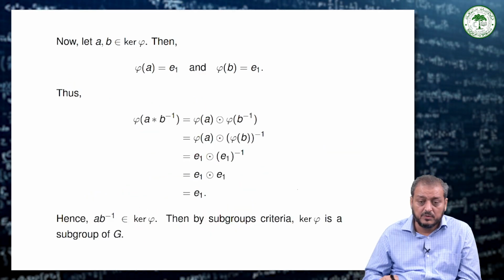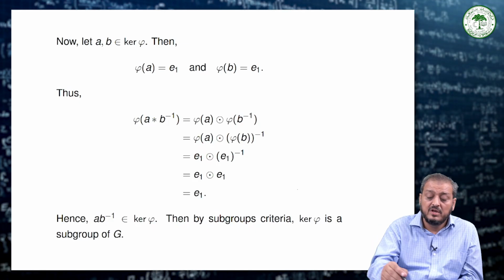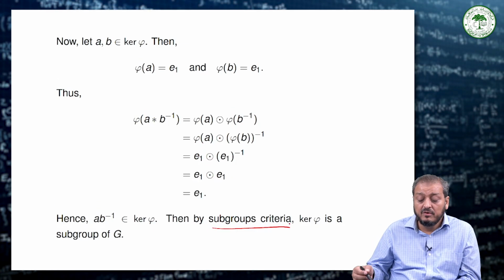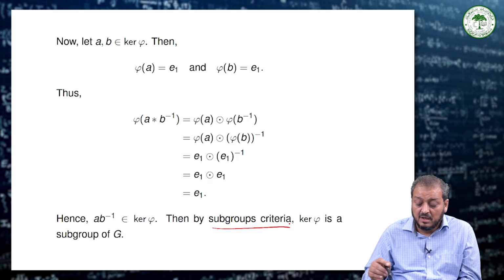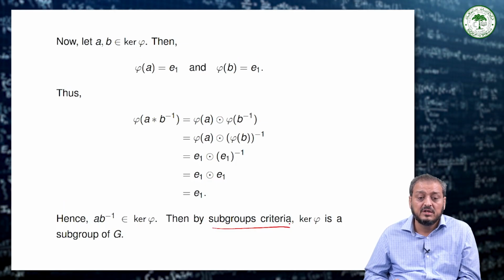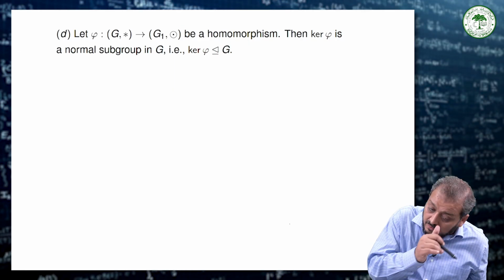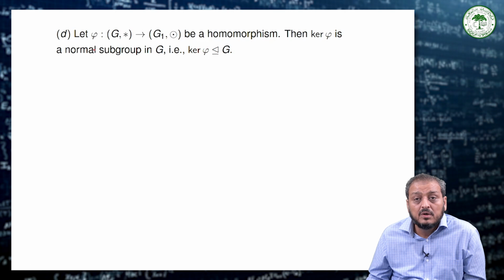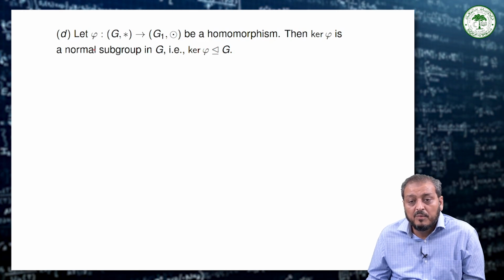So by the subgroup criteria we can say that the kernel of phi is a subgroup of G. Okay, now next, let phi from G to G1 be a homomorphism.